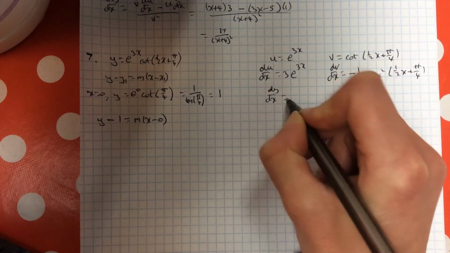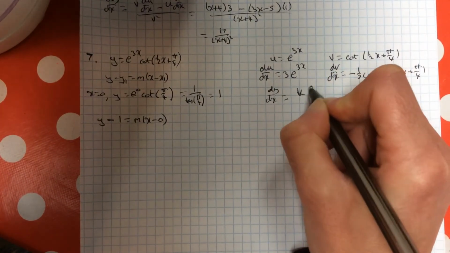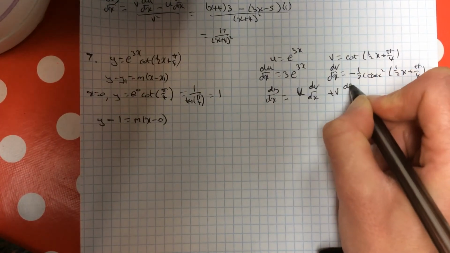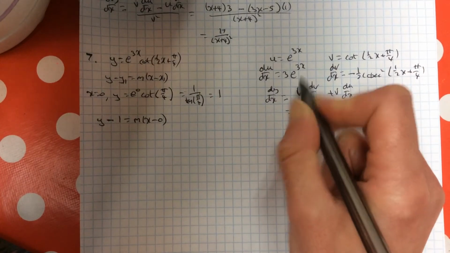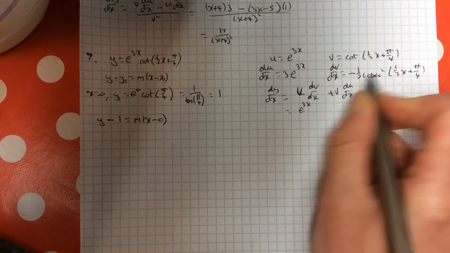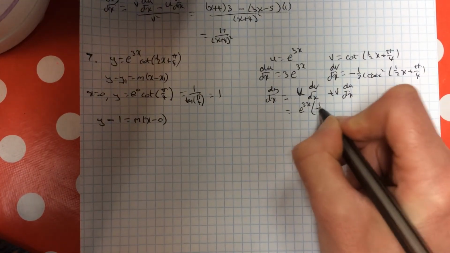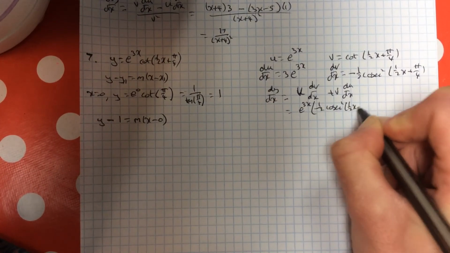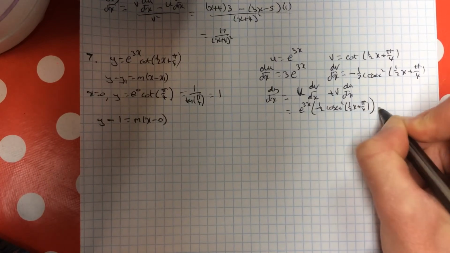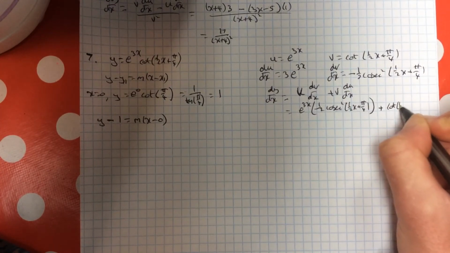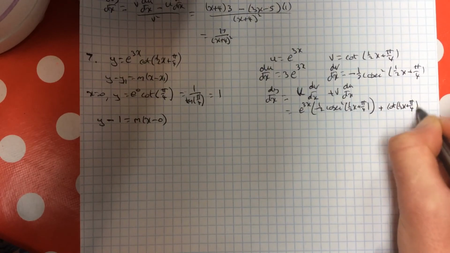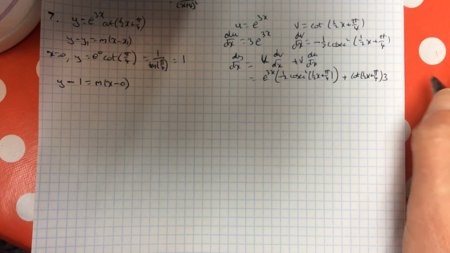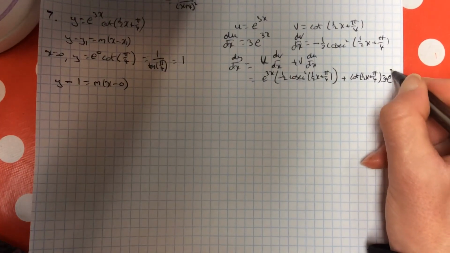So pulling it together for dy/dx, it's the product rule, u dv/dx plus v du/dx. u is e^(3x), dv/dx is this expression here, so minus a half cosec squared(x/2 + pi/4), plus v, so it's cot(x/2 + pi/4), and du/dx is this expression, so it's 3e^(3x).